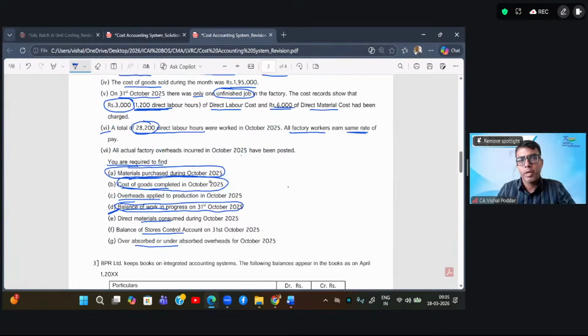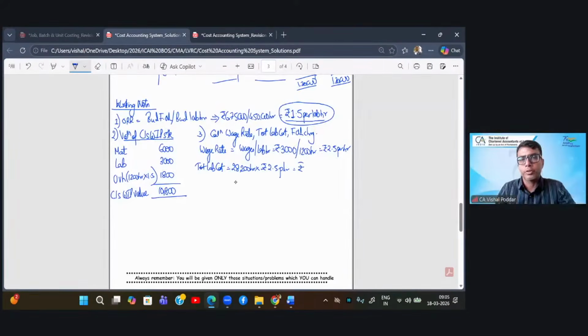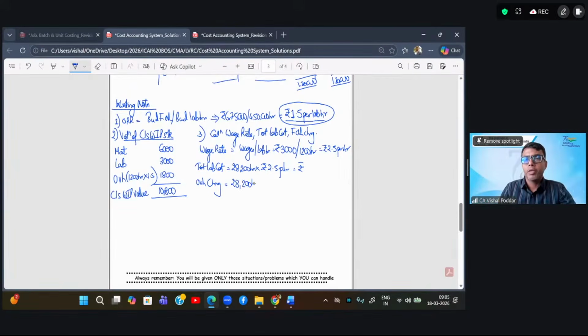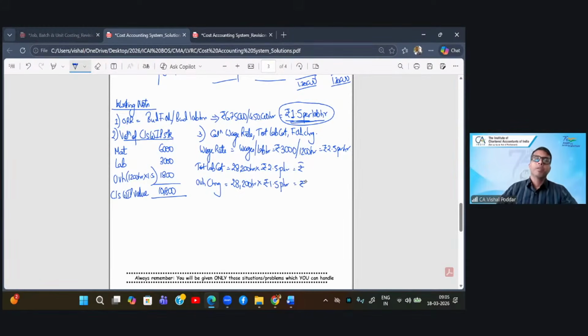And similarly, we can find out overheads charged. Overheads are also charged using the same labor hours. So we'll take the labor hours multiplied by the ORR, which we had computed earlier, which is 1.5 per hour. Correct? So let us do the computation. 28 twos are 56 and half of 28 is 14.